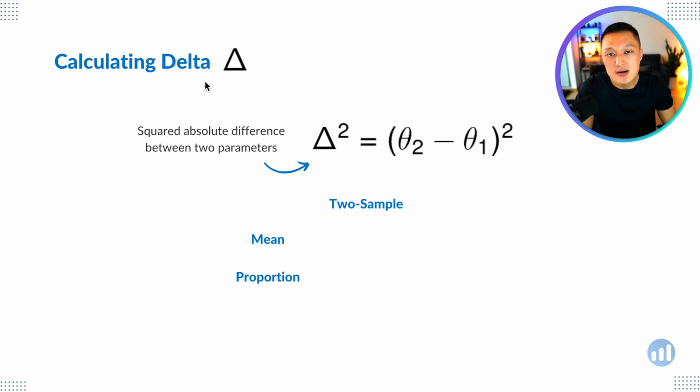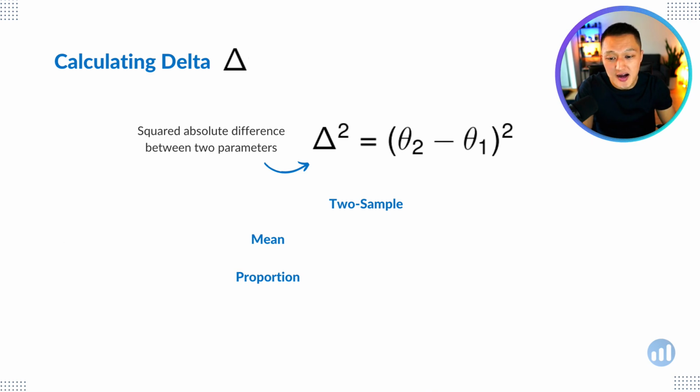So it's important that when you're trying to calculate the sample size, you don't plug in the MDE expressed in the lift form into this delta squared, because they're not the same thing. This delta squared is the absolute difference between two parameters, as denoted by (theta 2 minus theta 1) squared. Another thing I want to quickly mention is that the directionality of how you set the theta parameter does not matter in this case because it's squared.